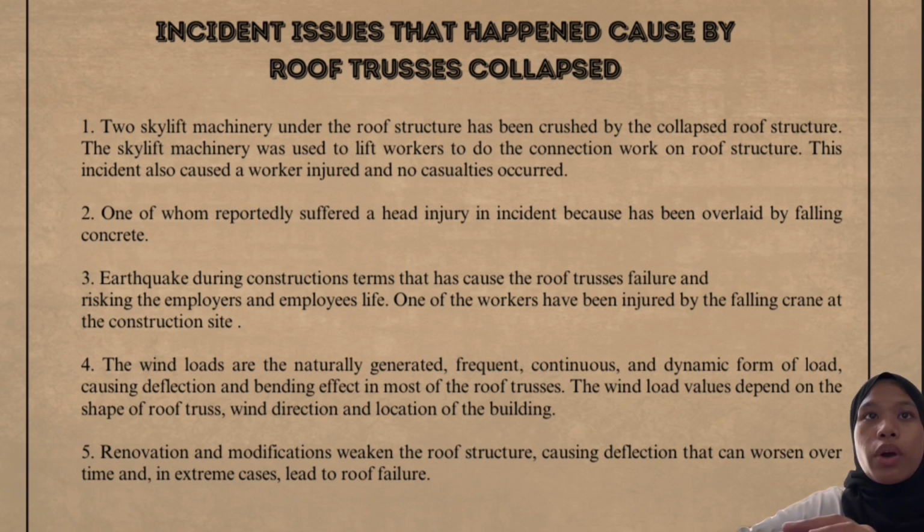Second, one worker reportedly suffered a head injury because he was hit by falling concrete. Third, an earthquake during construction caused the roof structure to fail, risking the employer's and employees' lives. One of the workers was injured by the falling crane at the construction site.